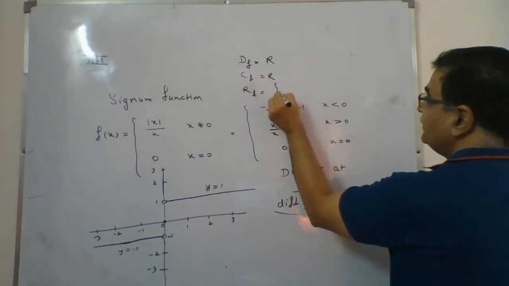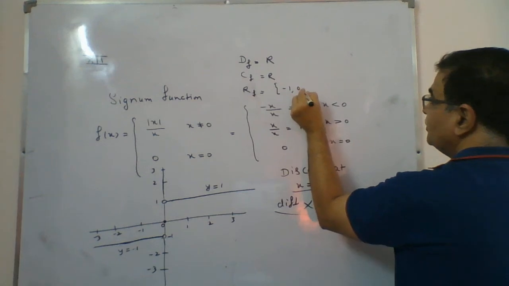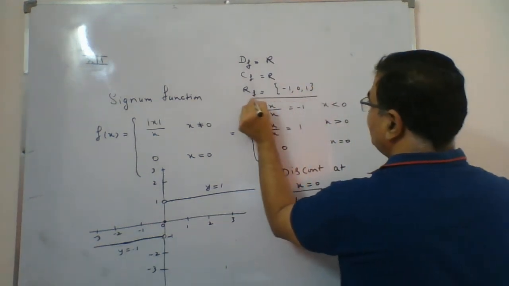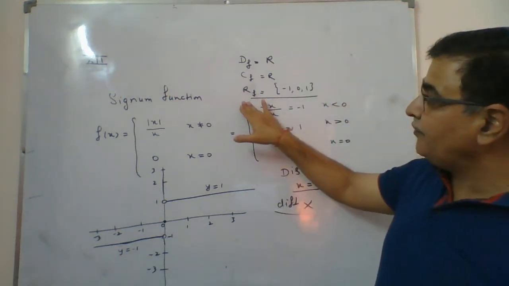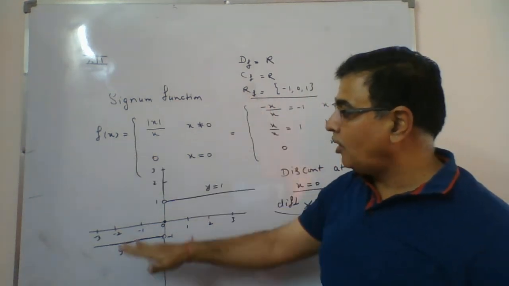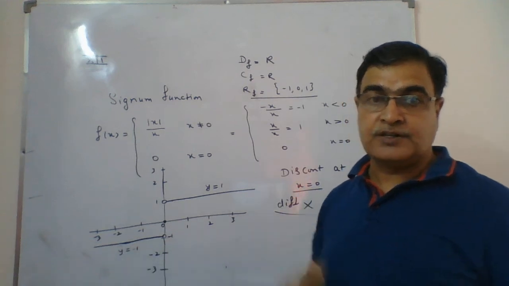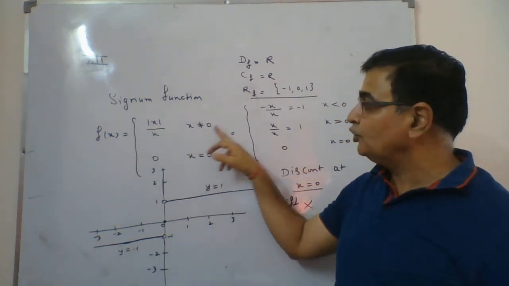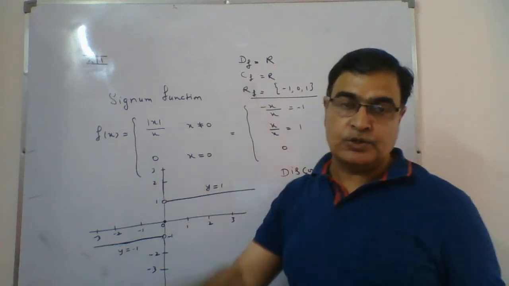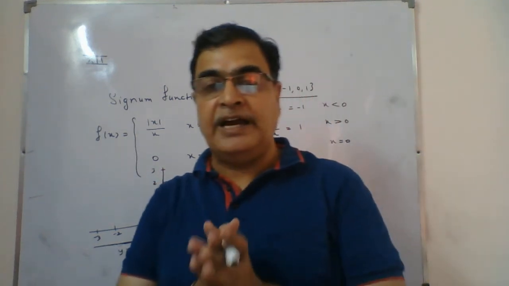So the range will be the set {-1, 0, 1}. So the Signum function f(x) is modulus x by x where x is not 0, and 0 when x is equal to 0.